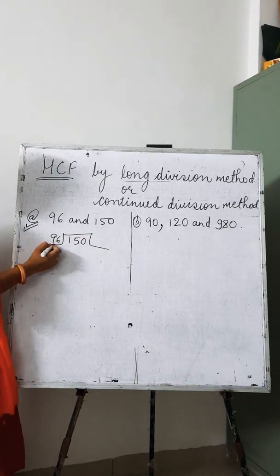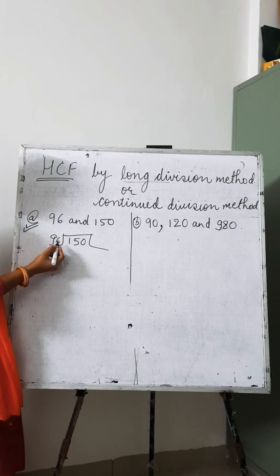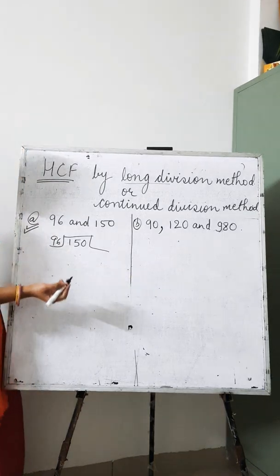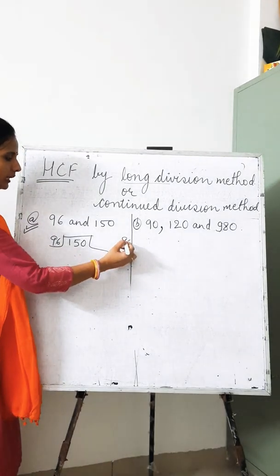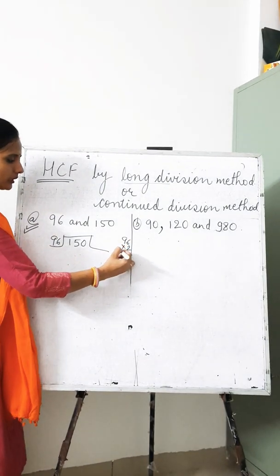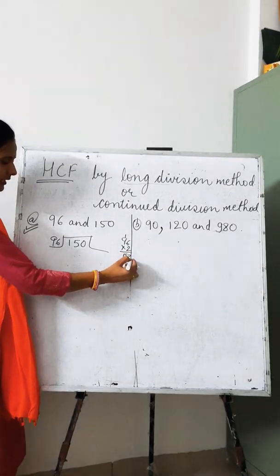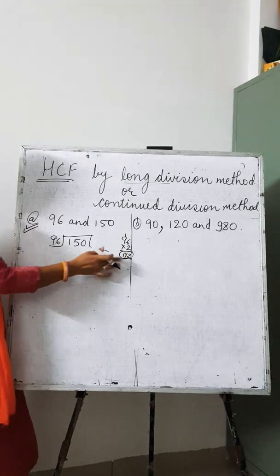Fine. So 96 multiplied by which number, so that I will get 150? As I know, 96 twos are, if I use some rough work, 192. It will be much bigger. So what I have to do?